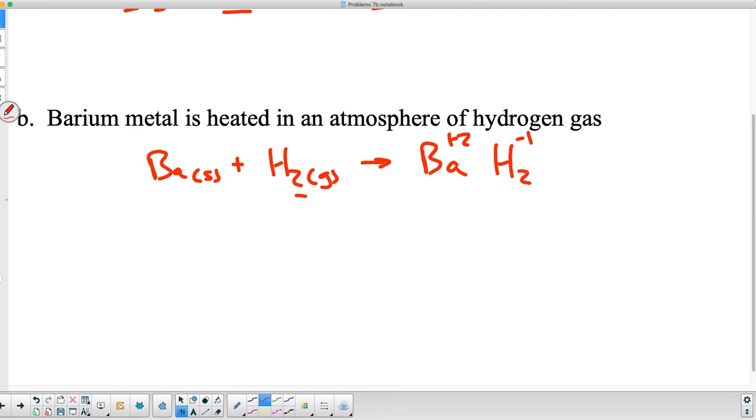It's not the same 2. It's not Brinkelhoff anymore because Brinkelhoff does not exist in compounds. But because of crisscross, we still get a 2 there for the H2. There's a good chance that this is going to be a solid, simply because most metals, when they combine with a non-metal, make a solid. So that's just something that usually happens.